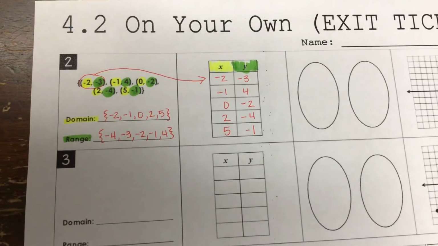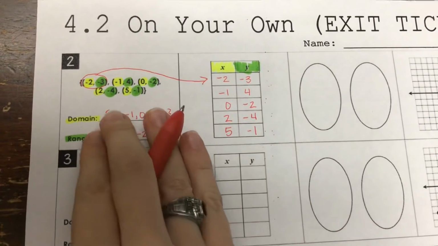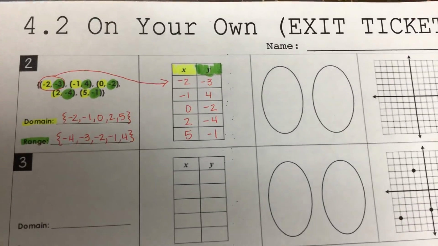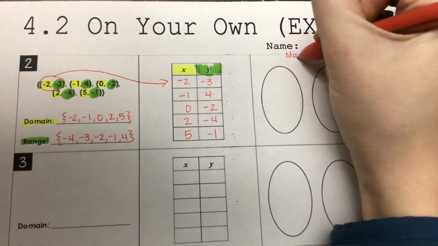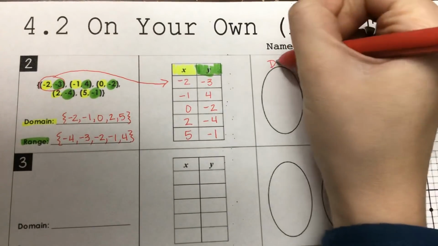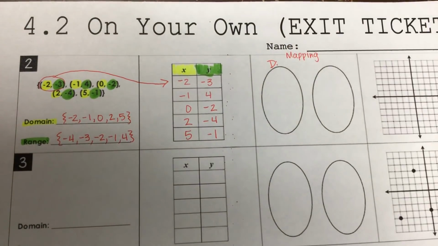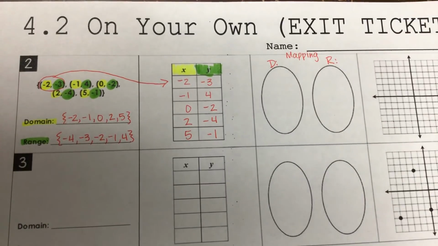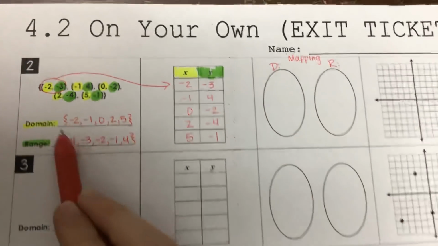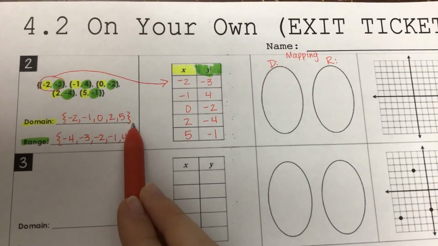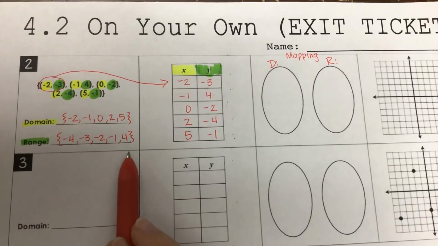Okay. After we have our table, we have our domain and range listed separately. Now we are going to do a mapping diagram, which is what these two ovals are. With our mapping diagram, the first oval represents the numbers in our domain, and the second oval represents the numbers in our range. When we are listing these, we follow the same rules here, least to greatest, and if we had any repeats, you don't have to rewrite them.